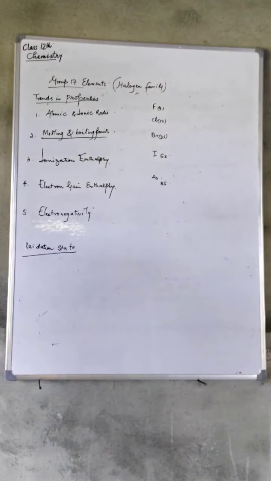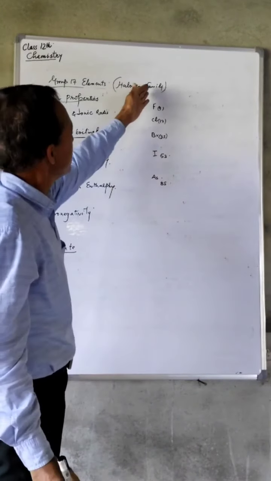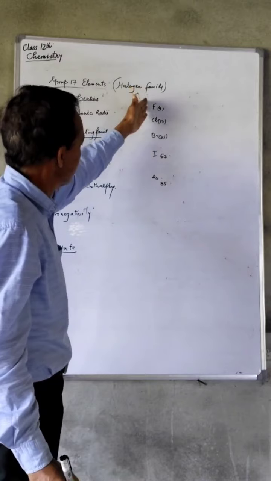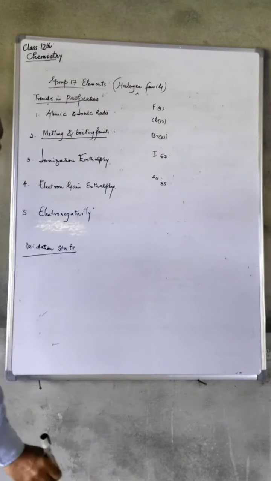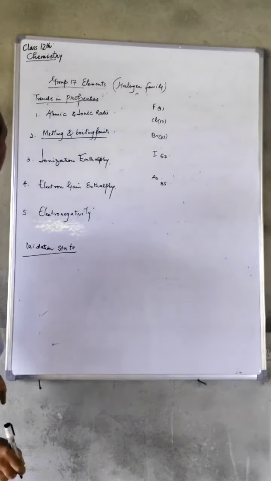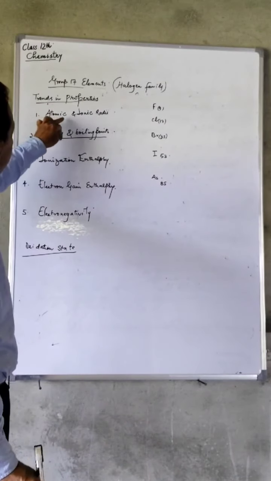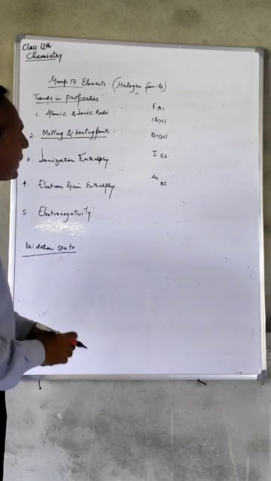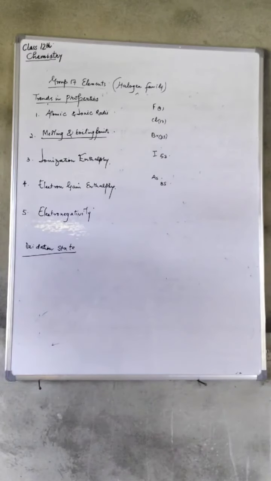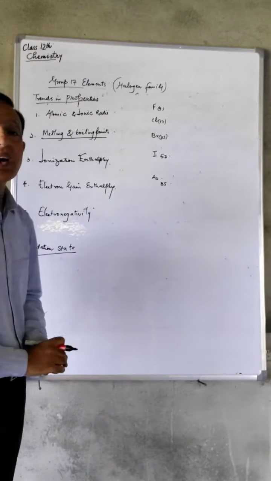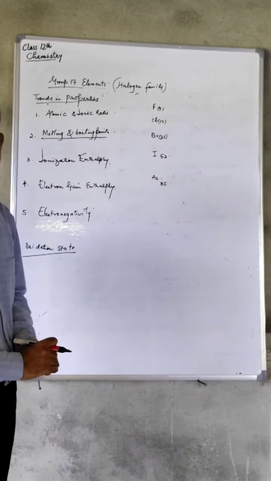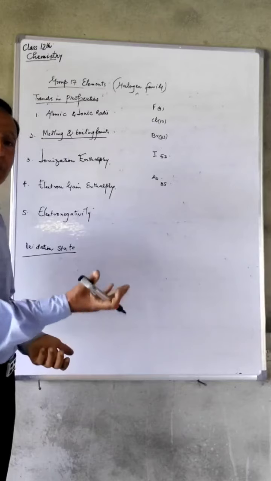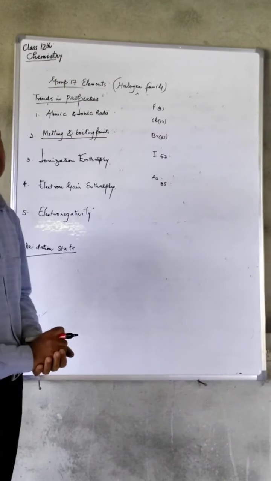Atomic number. Group 17 elements, this is down the group, we write them. Atomic and ionic radii. ये जो atomic and ionic radii है, these halogens have the smallest atomic radii in their respective periods as compared to the other elements in their period.